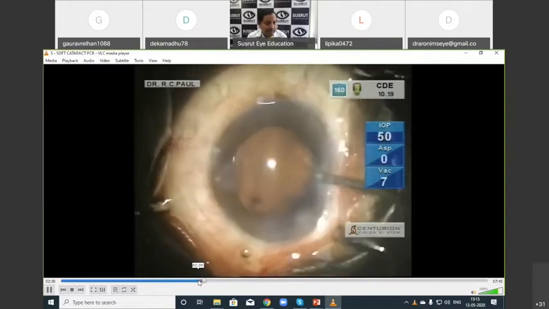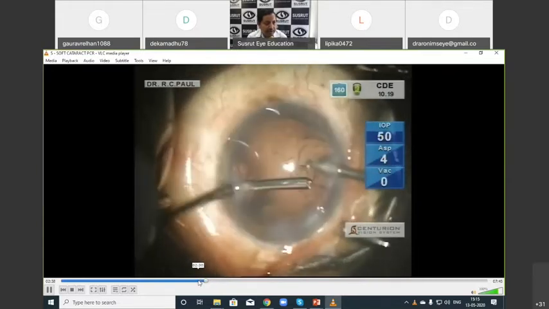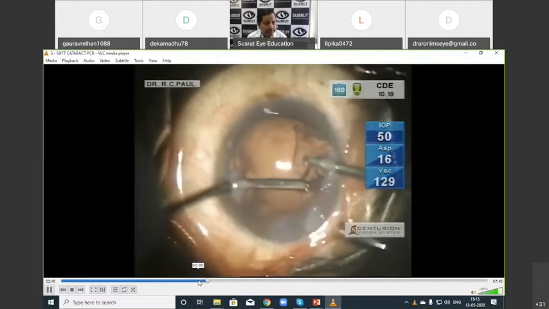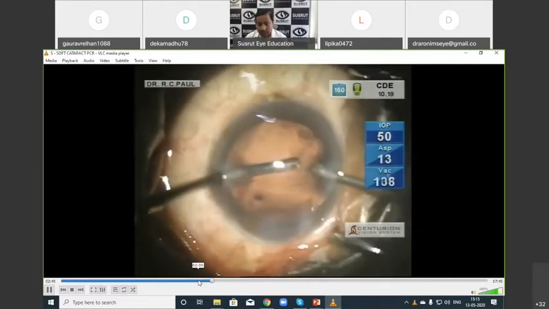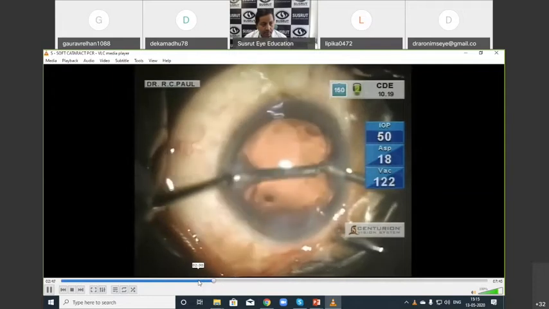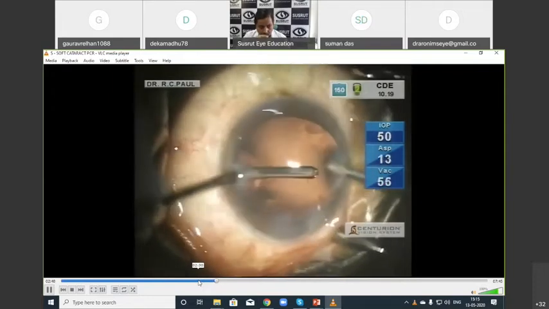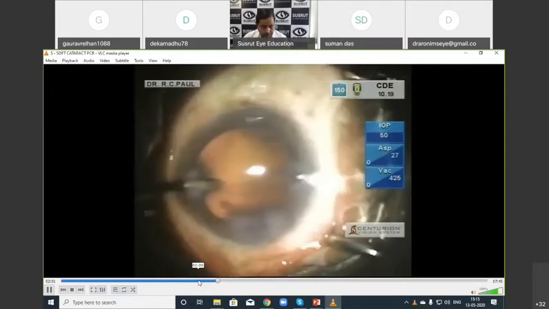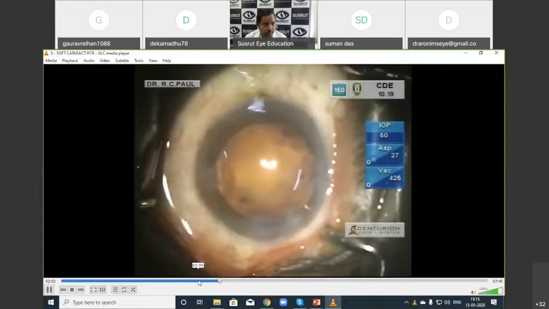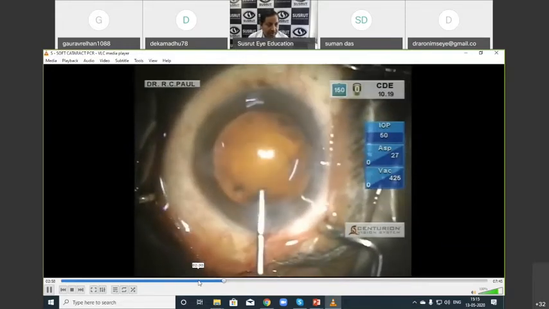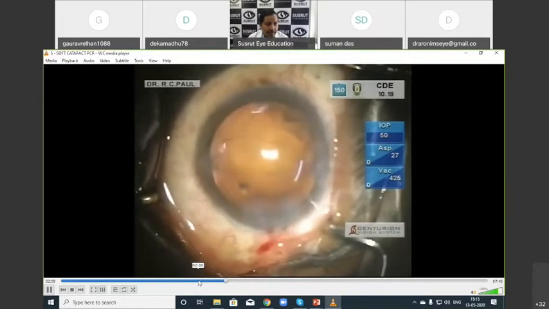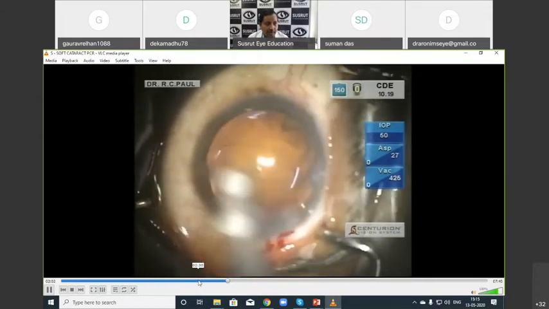Irrigation aspiration is going on. Almost 80% is complete. OVDs are being injected and you can find a linear PCR.